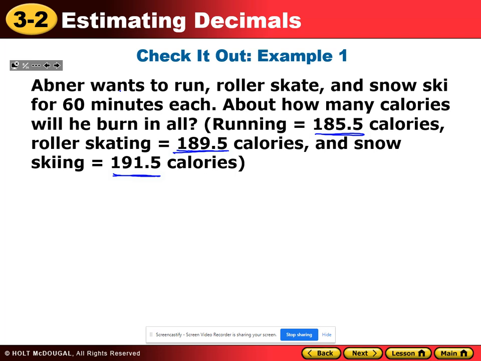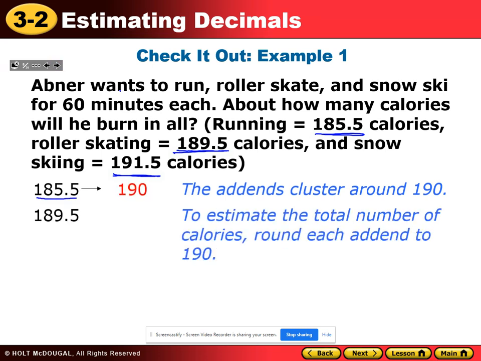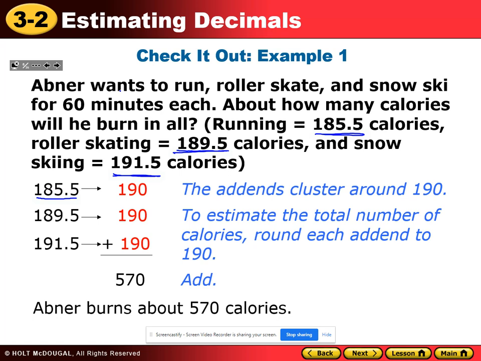All right, now that you've picked your number, let's see where they clustered. Around 190. This one's a decent bit less than 190, but notice the other two are really, really close to 190. So 190 is where we cluster our answers. When we add those all together, we get 570. All right? And that's a good estimate for us.